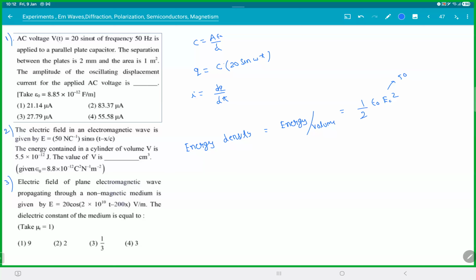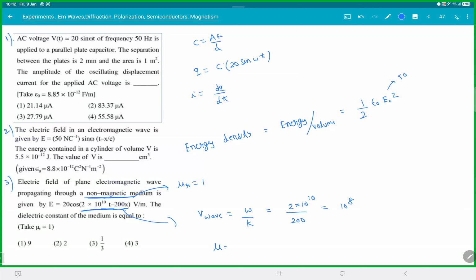What about this one? Electric field, non-magnetic medium. So non-magnetic medium implies mu r is equal to 1, the relative permeability. And then look at the speed here. We know the wave speed v is nothing but omega by k. So here omega is 2 into 10 power 10 and k is 200. That is 10 power 8.